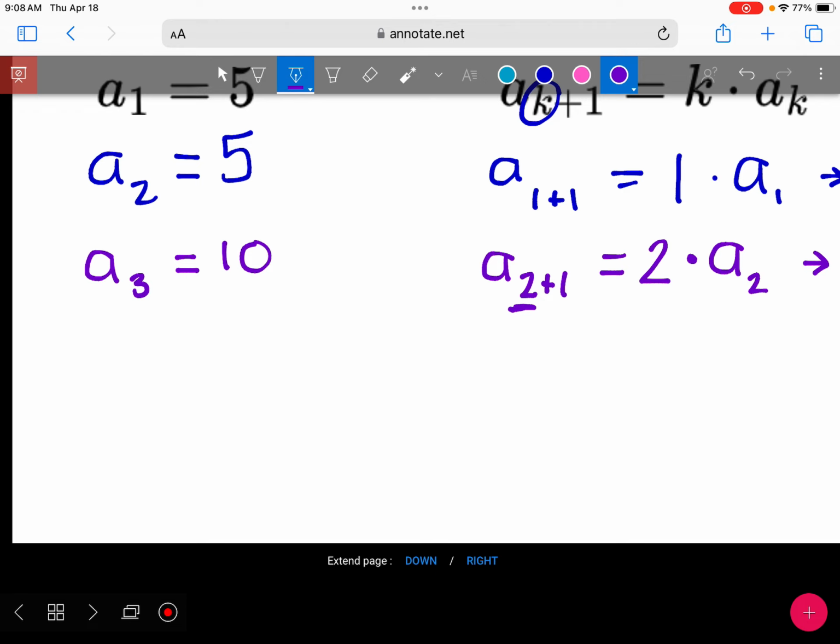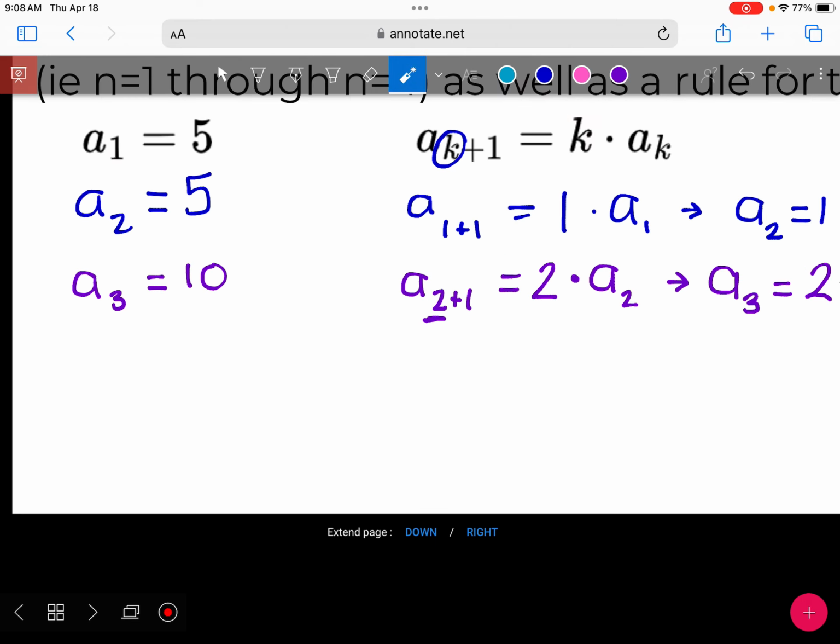So basically, k is just like the little sub number. Because when we have a recursively defined function, our next term is based off of our previous term. So we have to have some place to start.